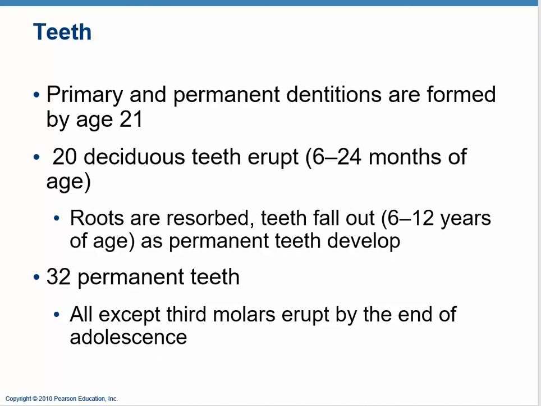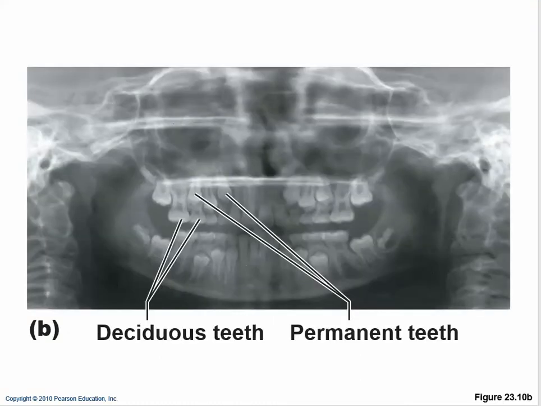All of the permanent teeth come out except for the wisdom teeth, which are the last ones to come out. They may not come out until you're in your 20s, maybe if even then. We'll talk about them a little bit more, but there's a nice x-ray of deciduous teeth being chased by the permanent teeth out.